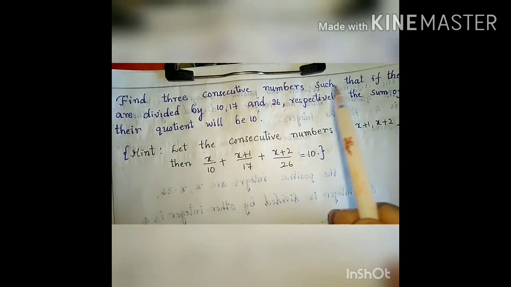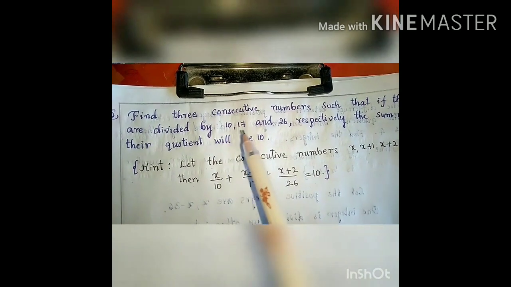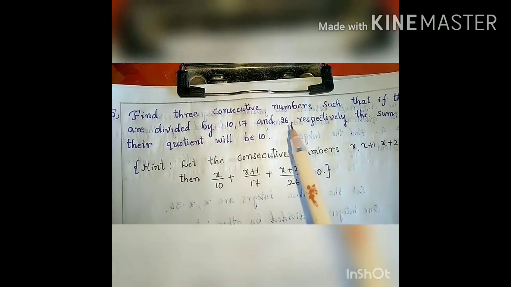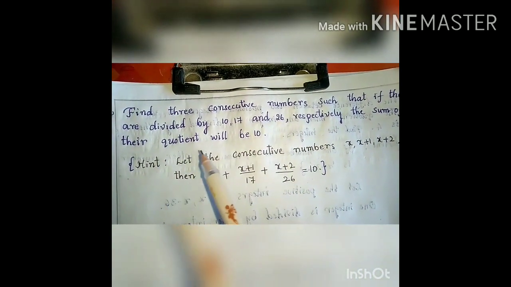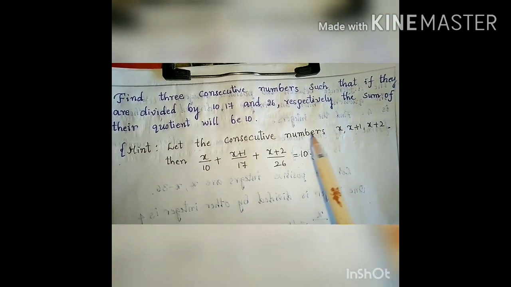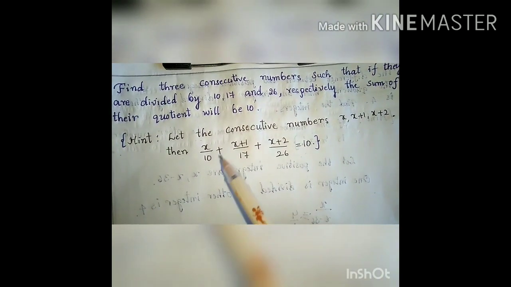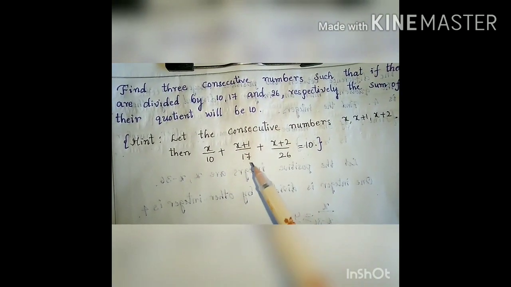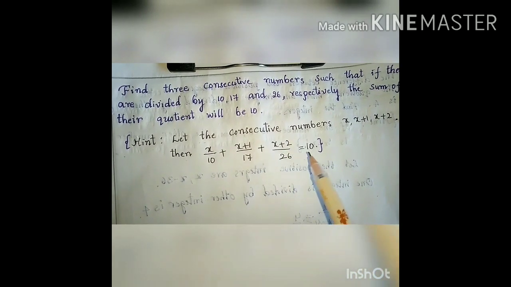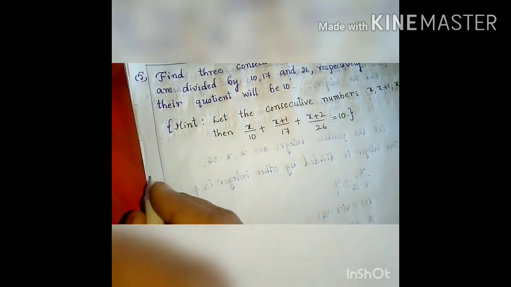The hint is already given: let the consecutive numbers be x, x plus 1, x plus 2, then x by 10 plus x plus 1 by 17 plus x plus 2 by 26 equal to 10. So now start the solution.